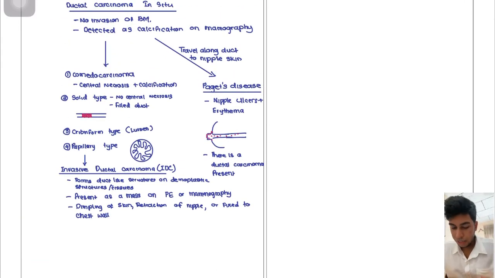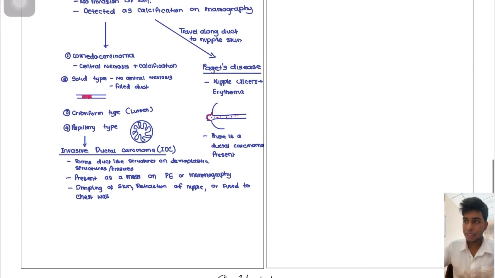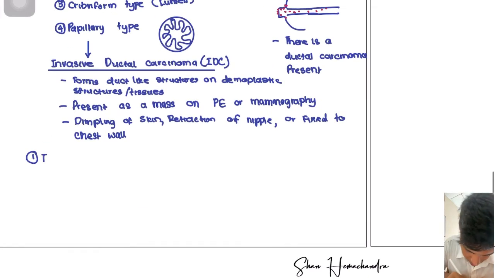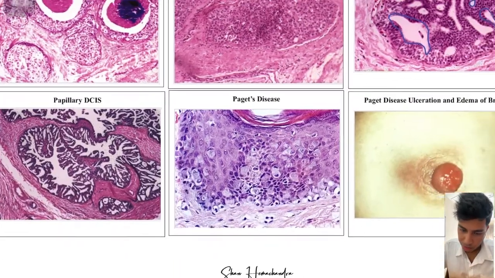Okay, we need to talk about the subtypes for this. Don't worry, there's just 3. The first subtype is called the Tubular Carcinoma. So like I said, it forms duct-like structures. So let me see if I have an image here.